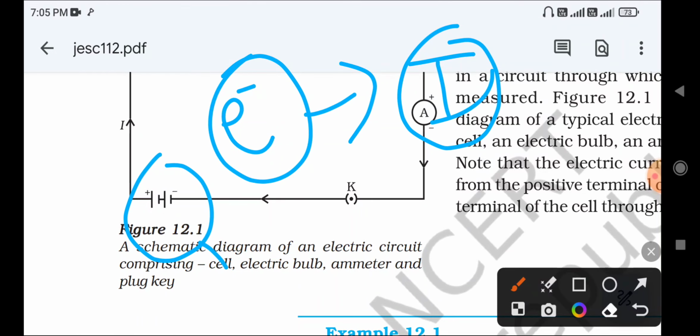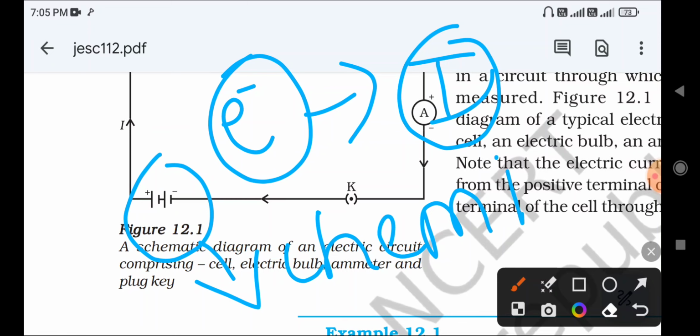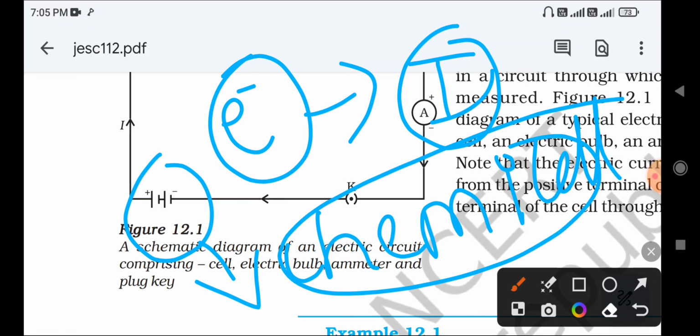Then how is energy produced by the battery? Due to the chemical reaction taking place inside the battery. However much chemical reaction is taking place, that much energy is released. That energy is used to move the electrons, and moving electrons produce electric current.